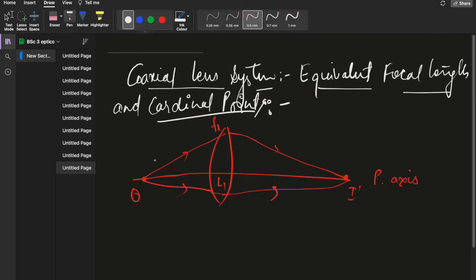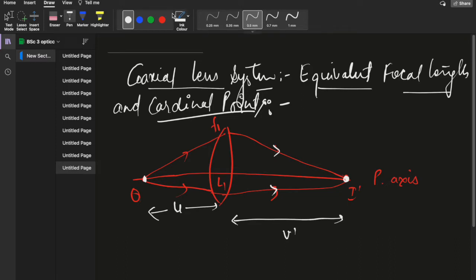So the object is located at point O, so the distance from L1 to O is U. The image is found at I dash, which is V dash distance away from the lens.